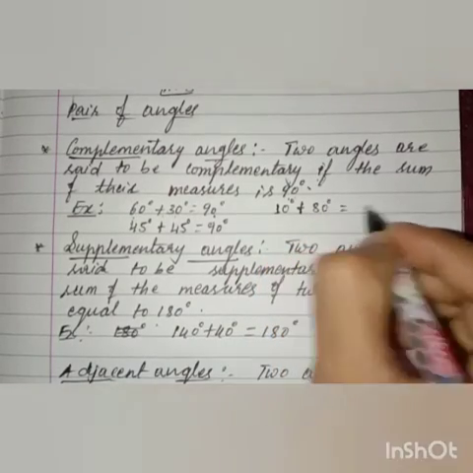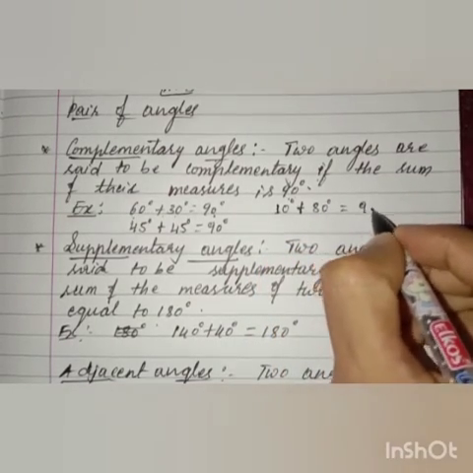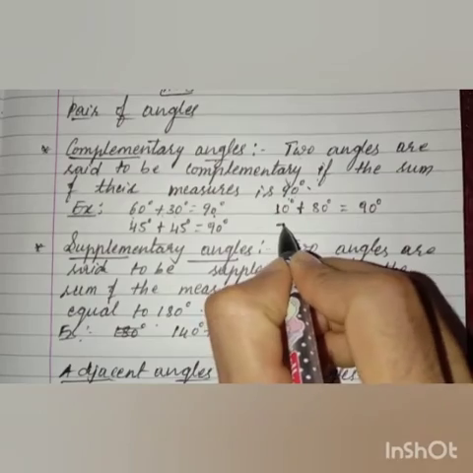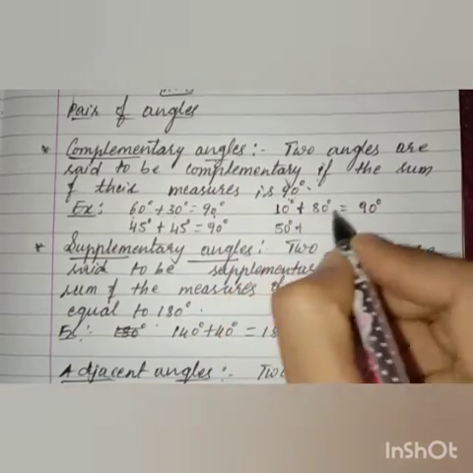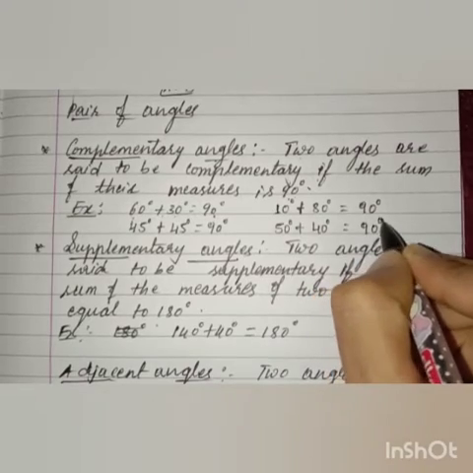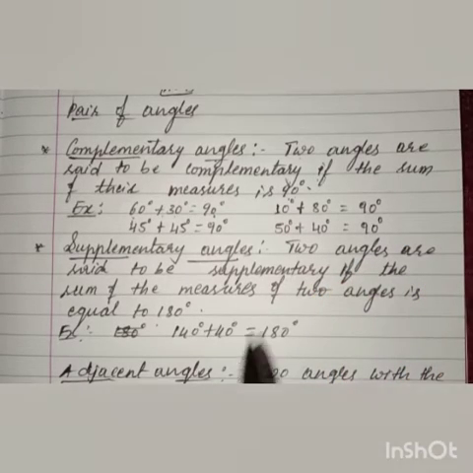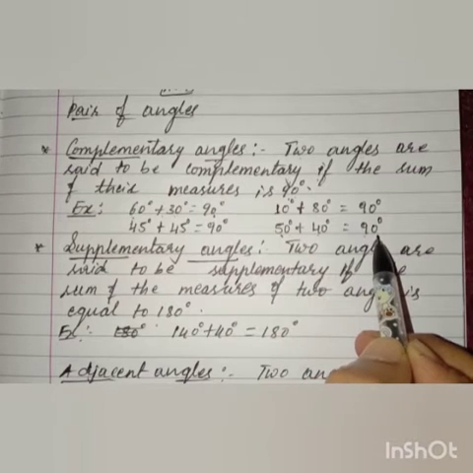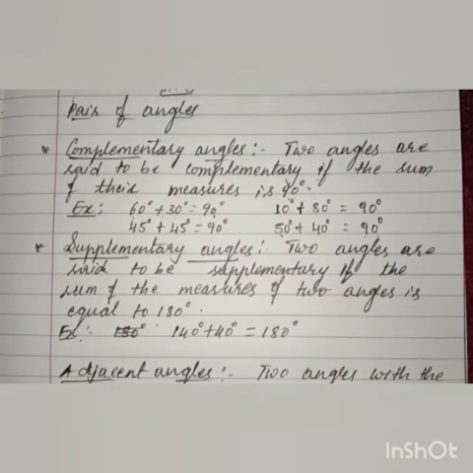So 80 degrees is the complement of 10 degrees. The next one: what is the complement of 50 degrees? It is 40 degrees, so 50 plus 40 is 90 degrees. So if the sum of two angles is equal to 90 degrees, then they are called complementary angles.